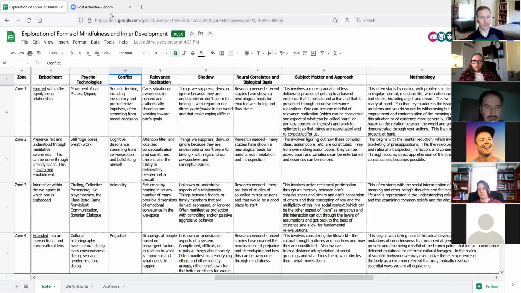The idea is that these different ecologies of practice and psychotechnologies can help you with certain problems in your life. Shadow can be defined as not just the things within you that you don't want to face, but also within a larger social group.